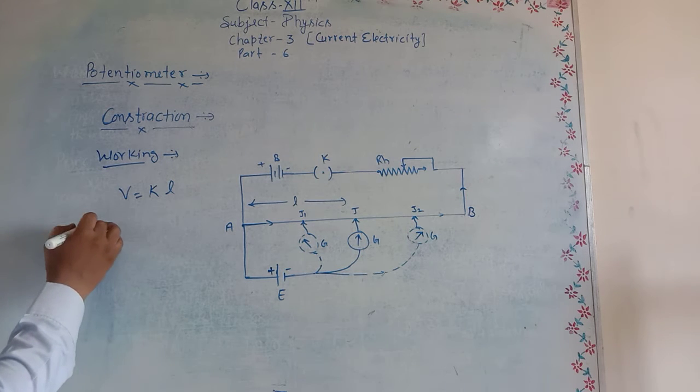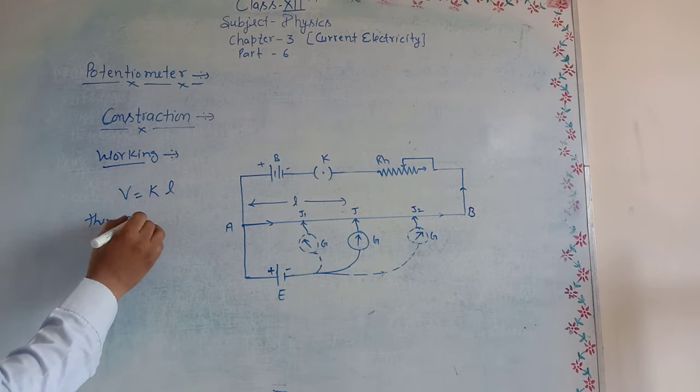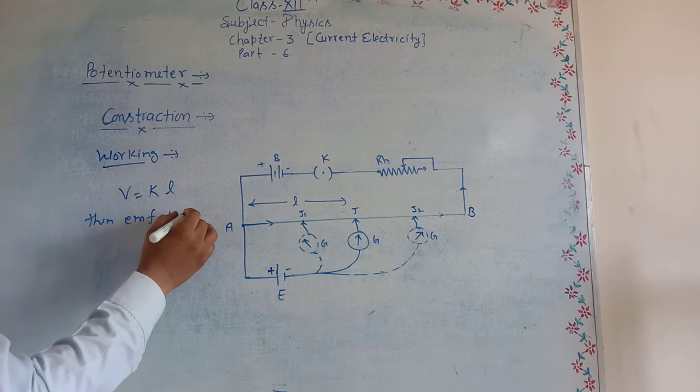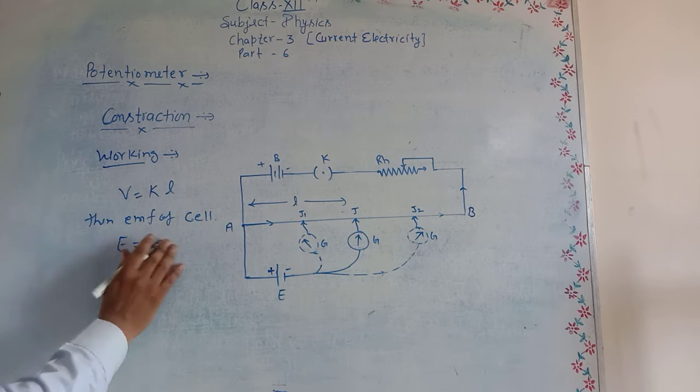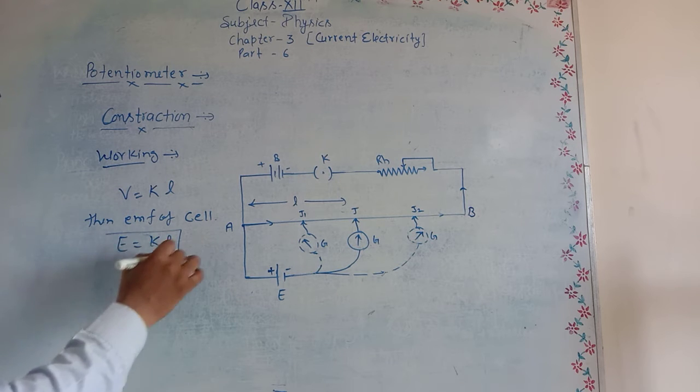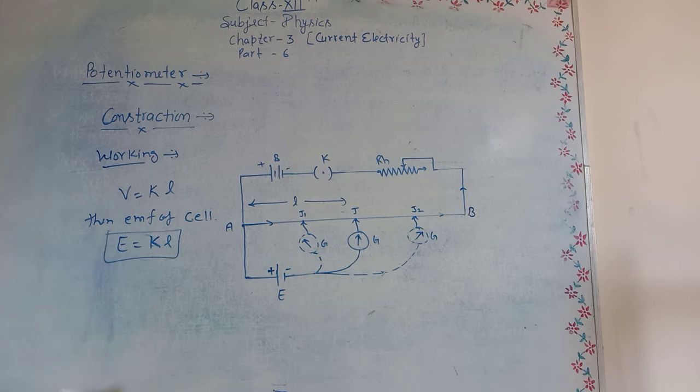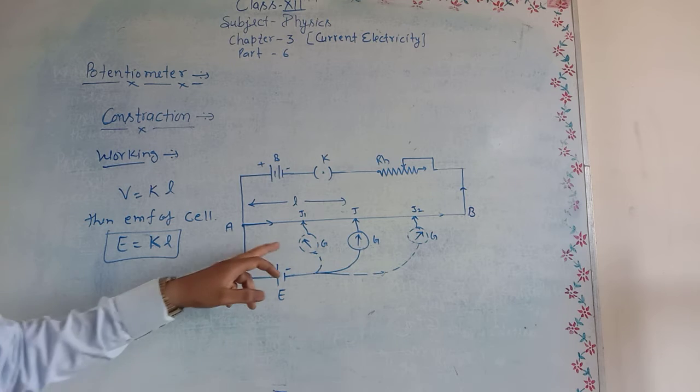Then the EMF of the cell is equal to KL, where K is the potential gradient of the wire.